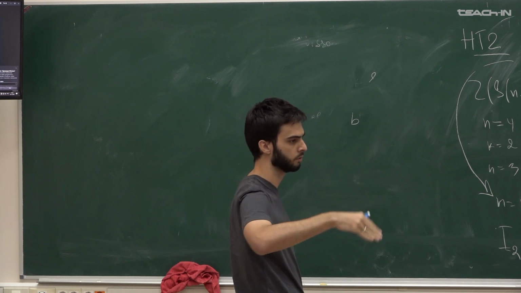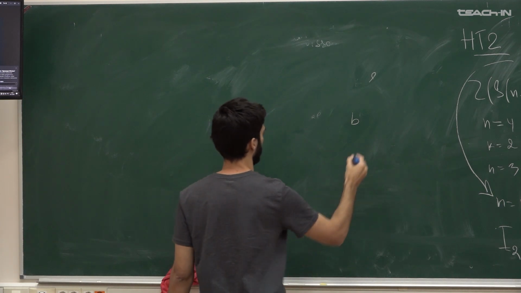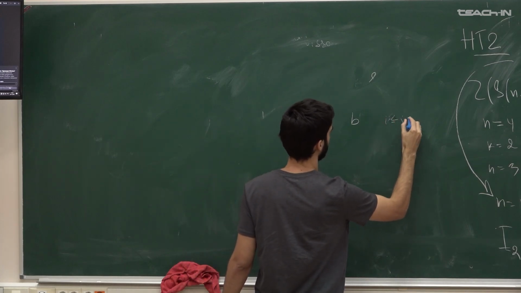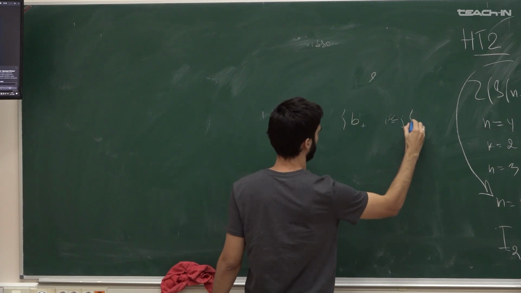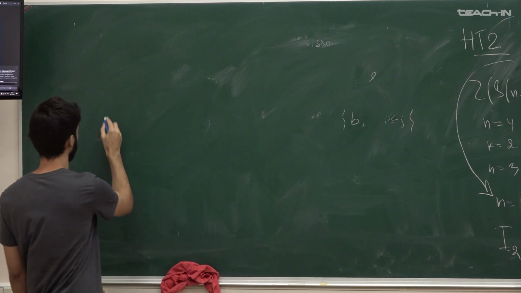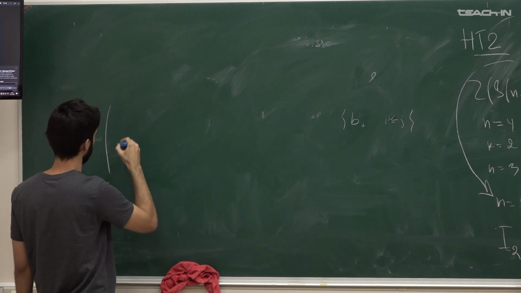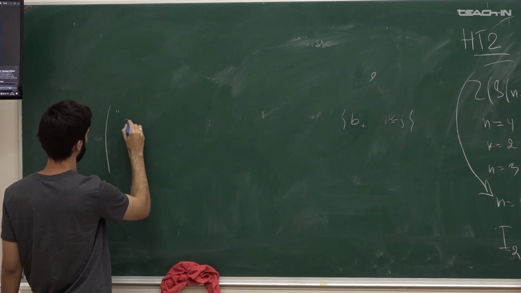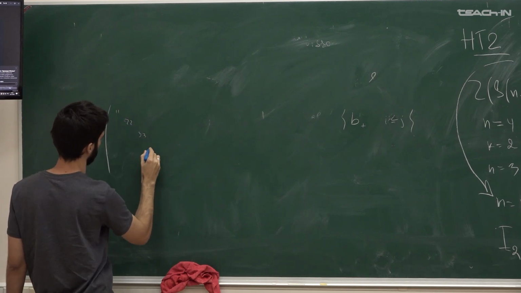Yes, we consider also the diagonal, so i less or equal than j. So for n equals 4, we should have something like 1,1, 1,2, 2,2, 3,4.